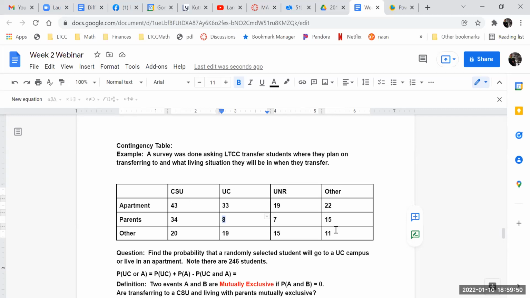Whereas there are 15 people transferring to UNR and going to live in some other situation, not parents, not apartment. Maybe they'll be homeless, for example. That's neither, right? There are lots of others. Any questions on reading this table?